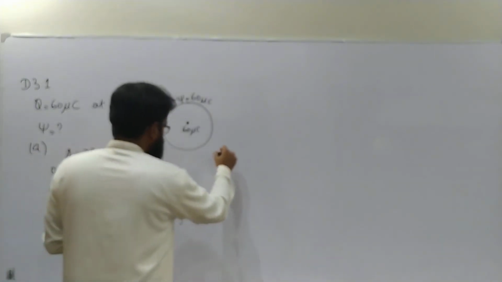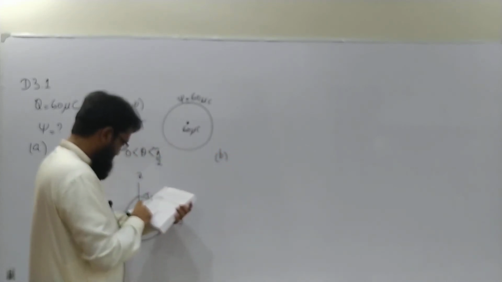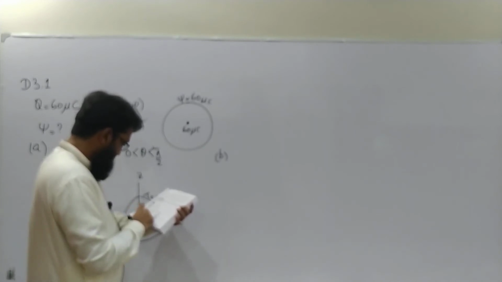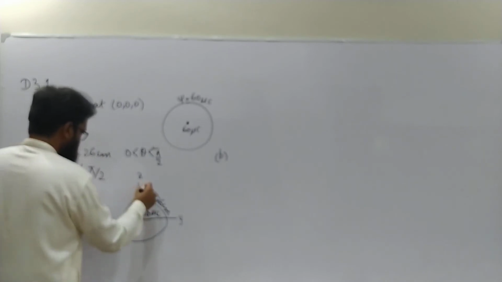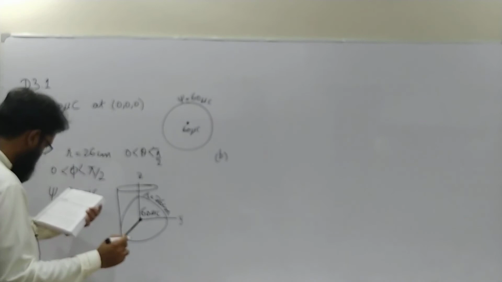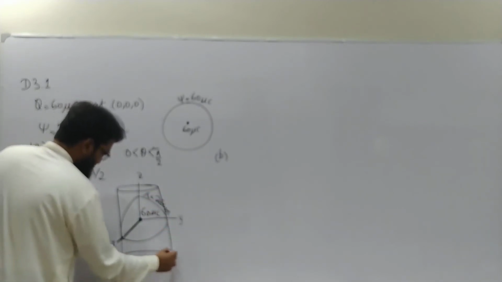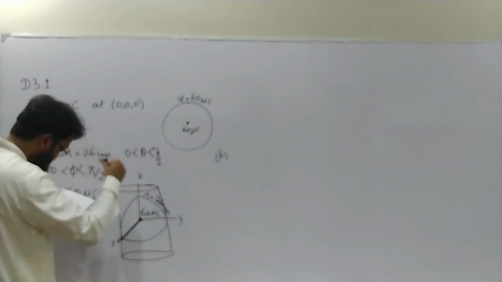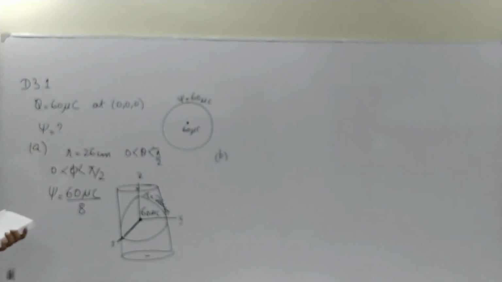Part B says that we have to find the flux through the closed surface. Now this time we have got a closed surface which is defined by a cylinder whose radius is 26 centimeters again, and it is capped from the top by z equals 26 and from the bottom by z equals minus 26.